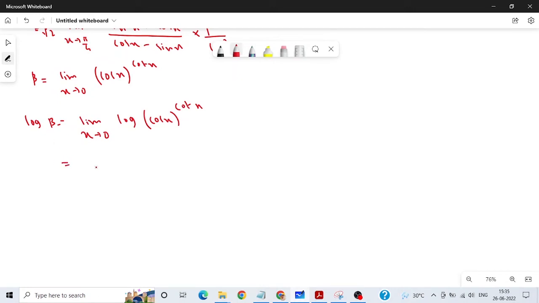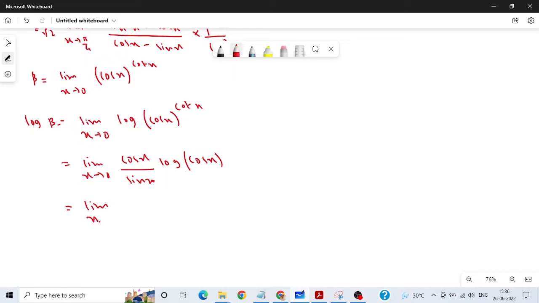So now this is equal to limit of x tends to 0 of cos x upon sin x. Basically, by using the logarithmic property, cot x is coming ahead. It's cot x into log of cos x. Now again, if we look at our function, we have cos x and x tends to 0. Cos x is well defined at 0, so cos 0 is 1. It's in multiplication, so we can separate the limit.